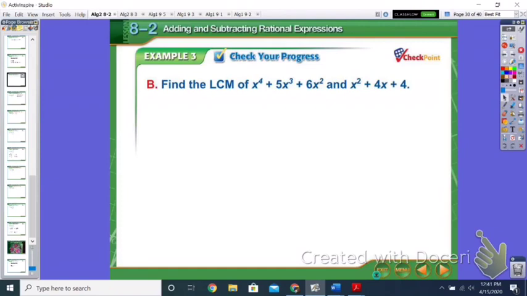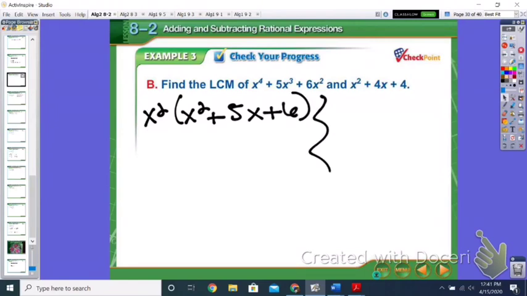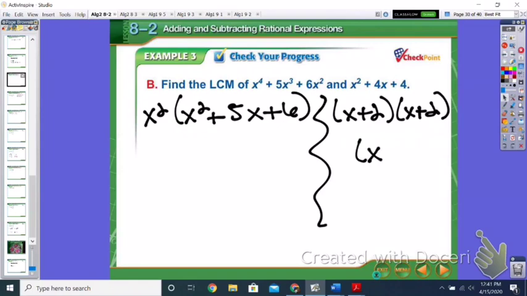It's all about factoring. So the first expression there, that trinomial, the first thing I would do is take out an x squared, and I get that. And then for the second one, could just factor it right away. It's x plus 2 times x plus 2, or x plus 2 squared.